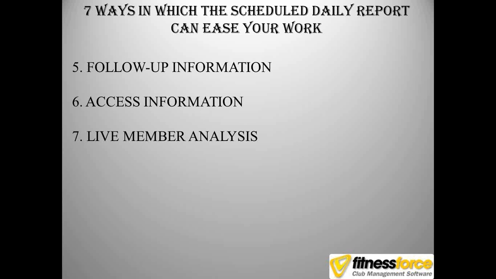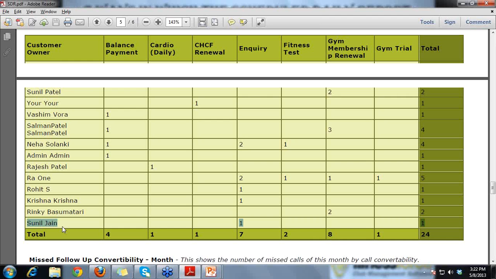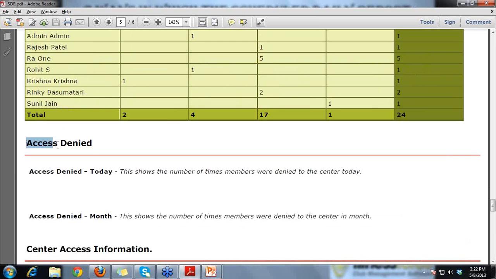Moving on to the next part, which is the access information. Now, access information is for those clients who have an access control machine installed in the club. If you have an access control machine for tracking your member attendance, for tracking the client's entry in the gym, then you automatically get to know about this. Now, access denied information.